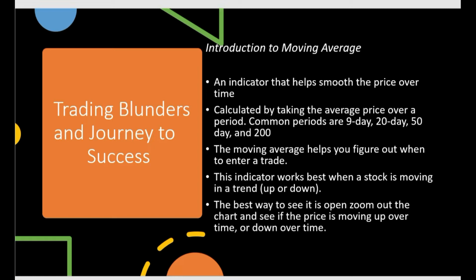Usually it's because 20-day represents a month, 20 business days of trading. 50 is like 2 months, and 200 is like a quarter. So depending on how you trade, you may be using some of those differently.